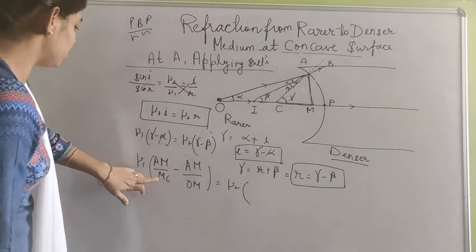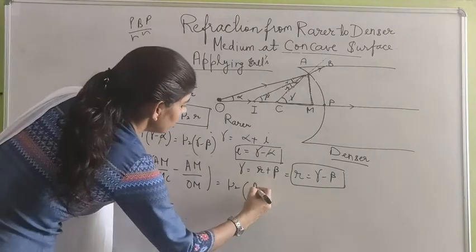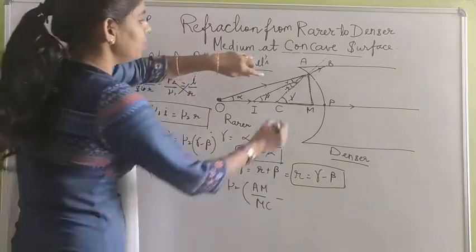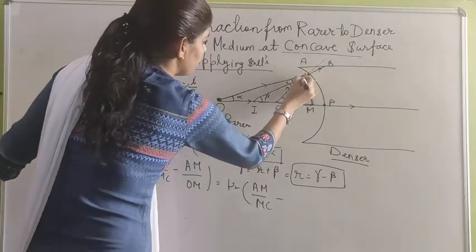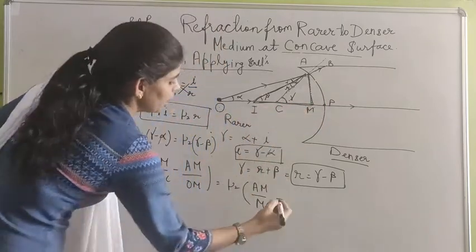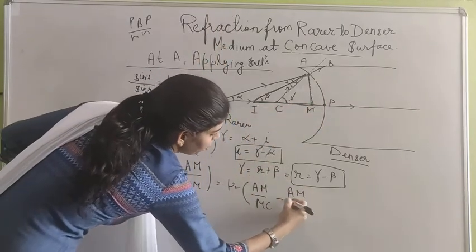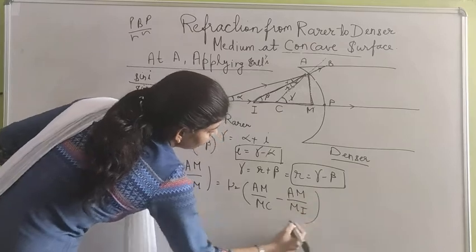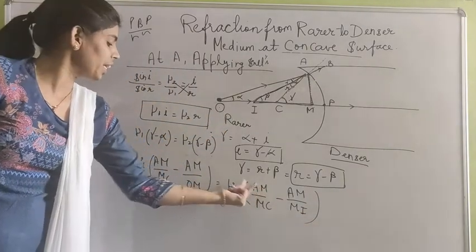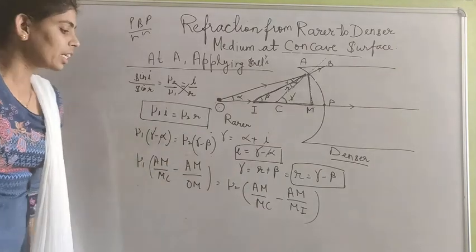Gamma again is AM by MC minus beta. Beta is in this triangle AIM. So AM by MI. From this side and this side we can take AM as common and it would be cancelled out.